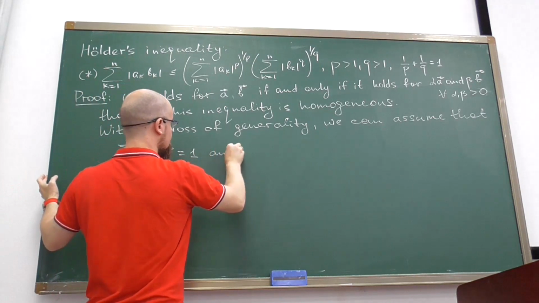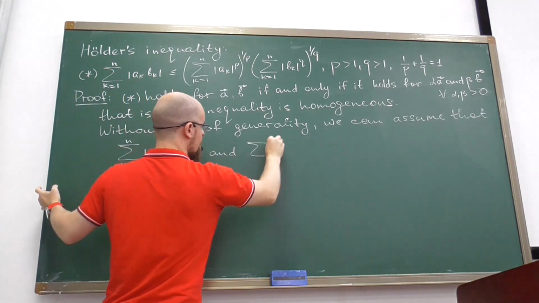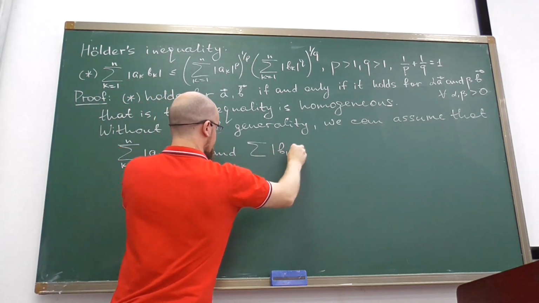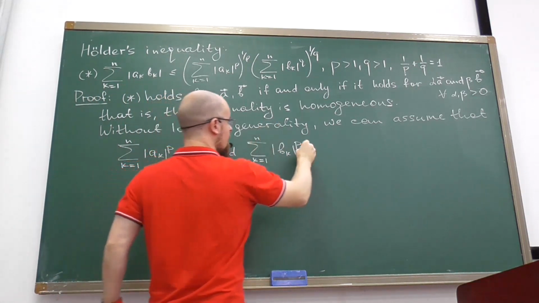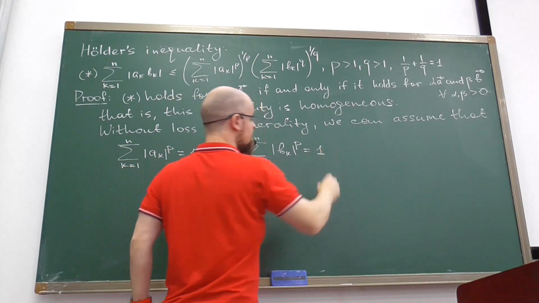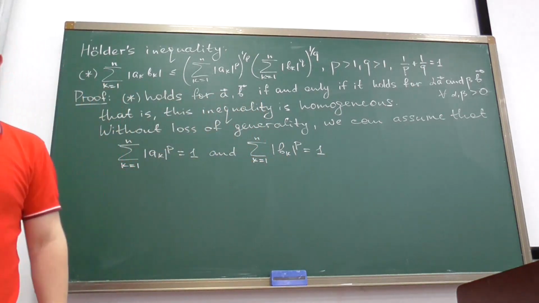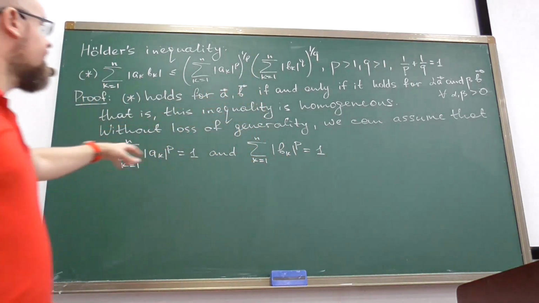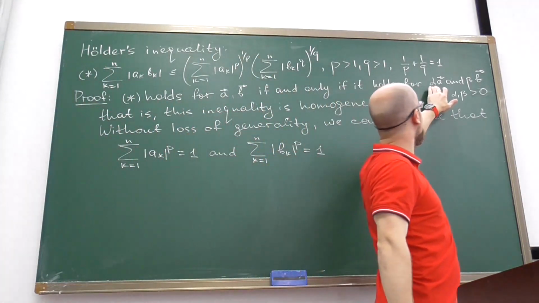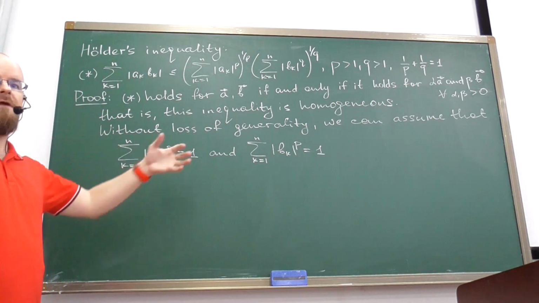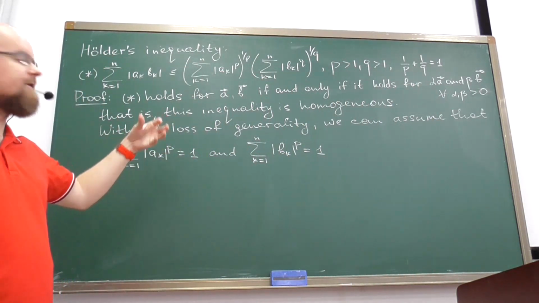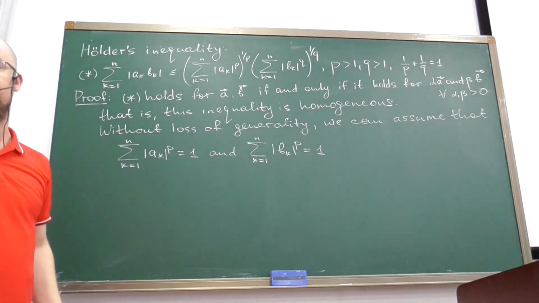And the sum of b's is 1 as well. Well, if it's not 1, then we can always find the scalar alpha and the scalar beta such that we shrink or dilate the vector such that this sum will be 1.